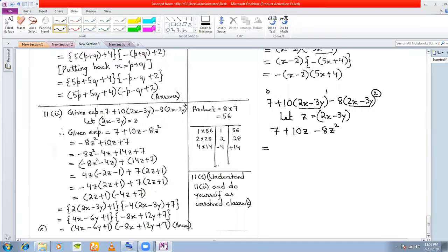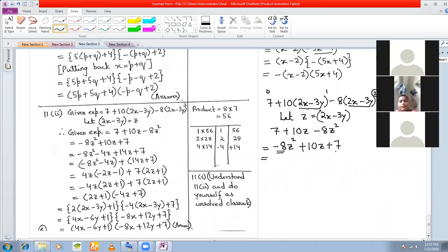Now I arrange these in the descending powers of the variable z. Minus 8z square plus 10z plus 7. Okay. So now I'll break the middle term. First I will see how to break. I have minus 8 here. I have a plus 7 here.